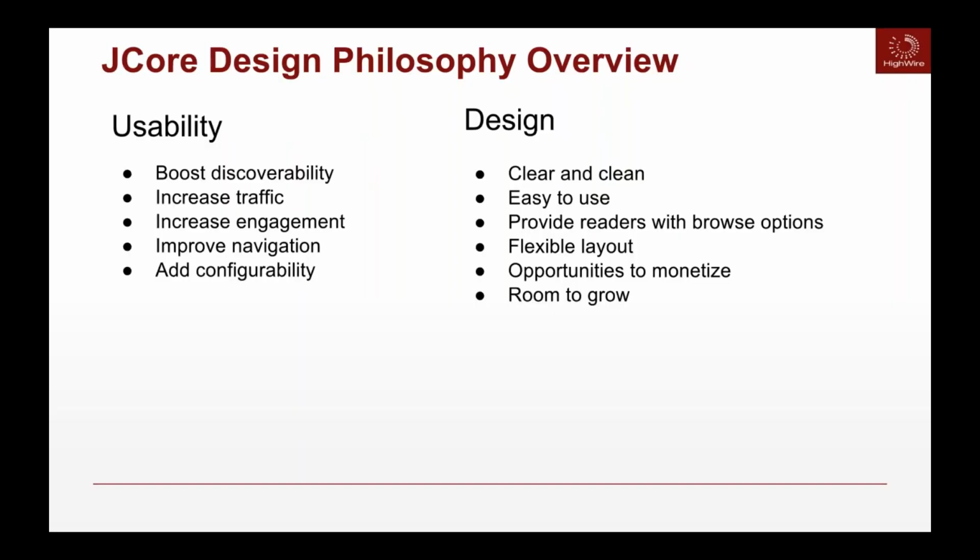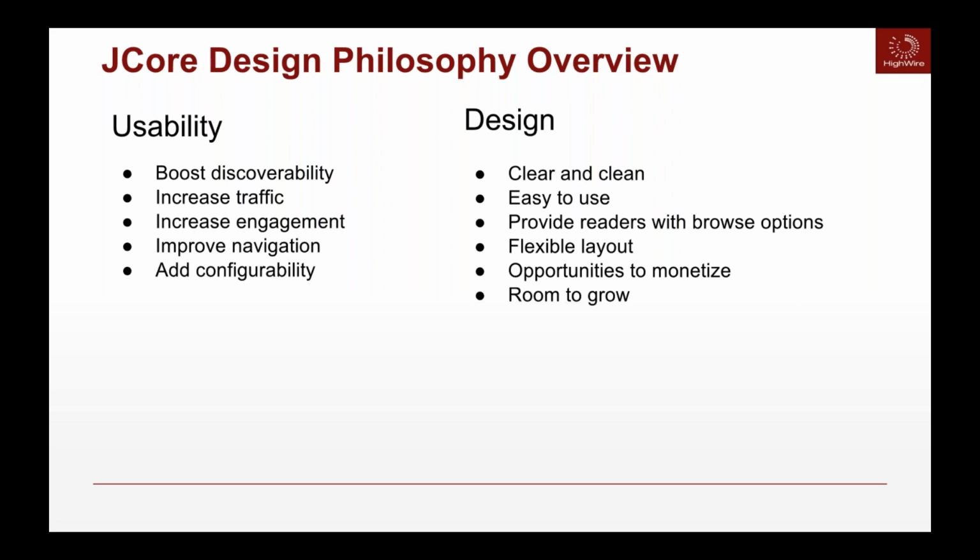I wanted to talk about the design philosophy around JCore. These are what we've learned from H2O and where we want to go with the product. Really, for usability, we want to boost discovery. We work a lot with Google, and we want to be at the top of the industry in search engine optimization.